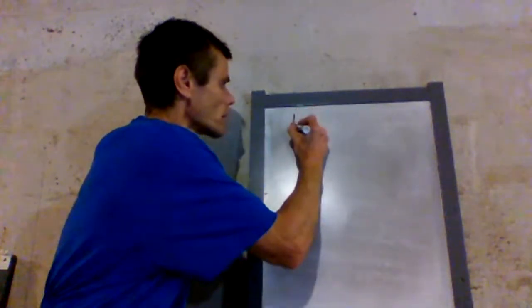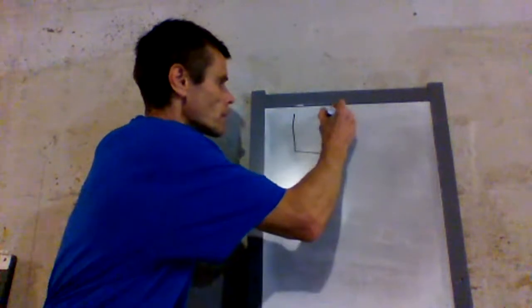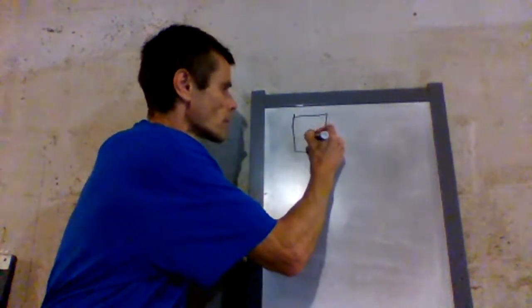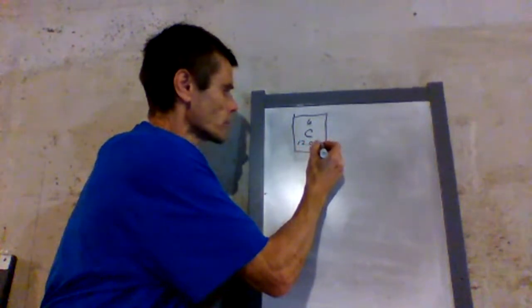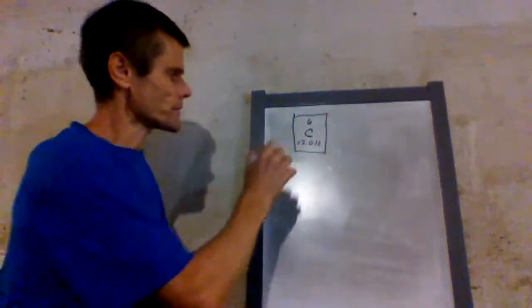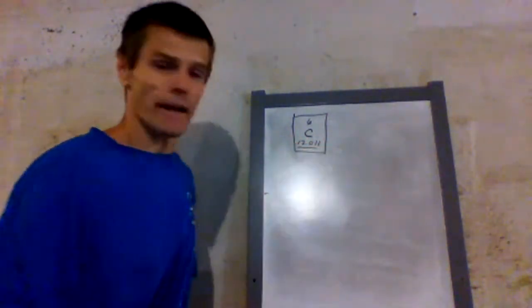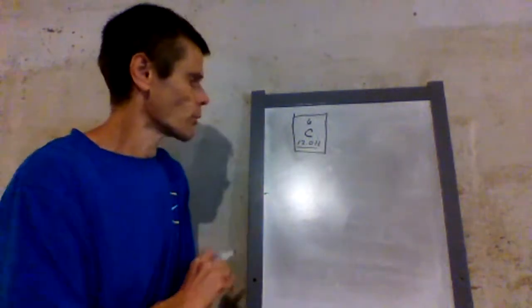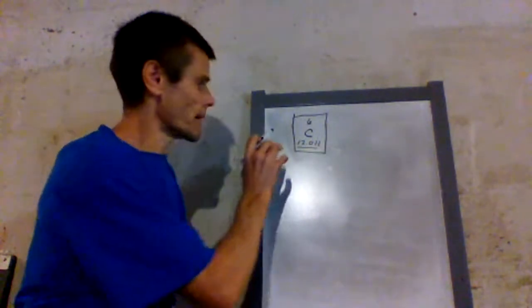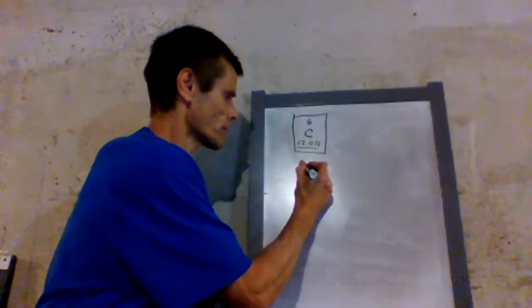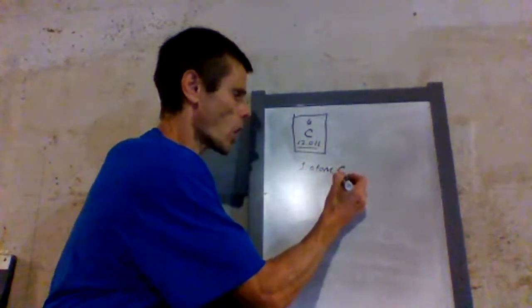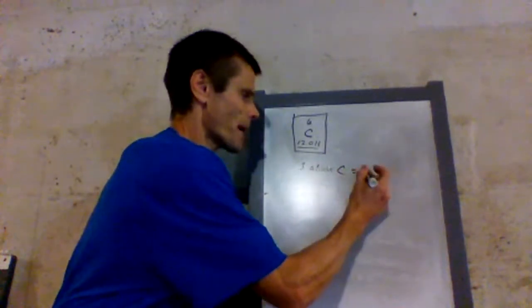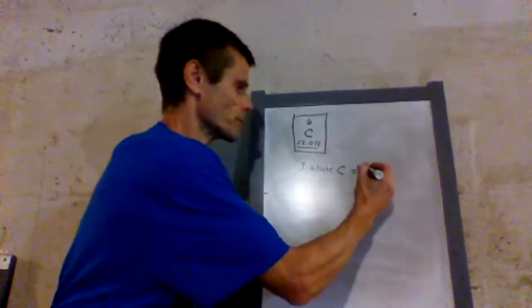Let's look at the periodic table symbol for carbon and this number that we've defined earlier as the average atomic mass.